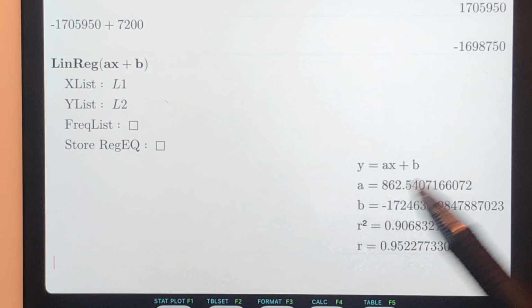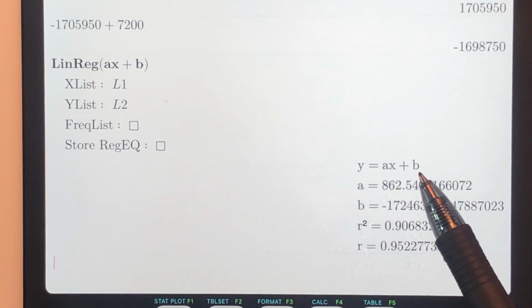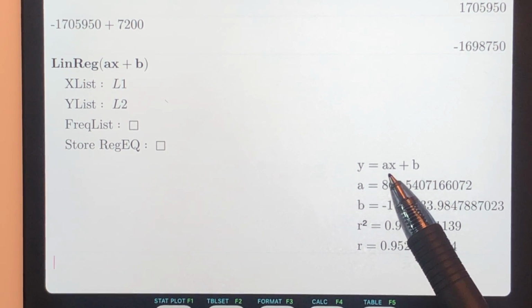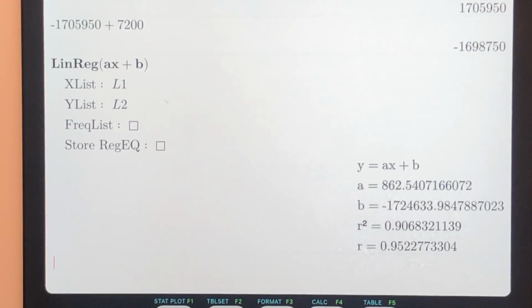The iPad has a bigger screen, but it says y equals ax plus b. Why they're using a instead of m, I don't know, doesn't matter. But they're telling us this is the slope, and this is the y-intercept. So what does that mean?